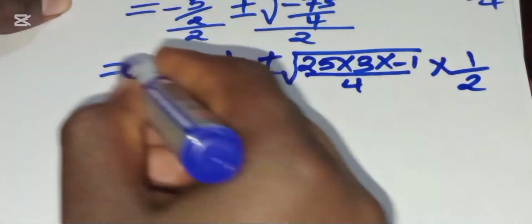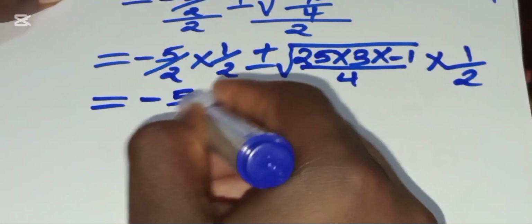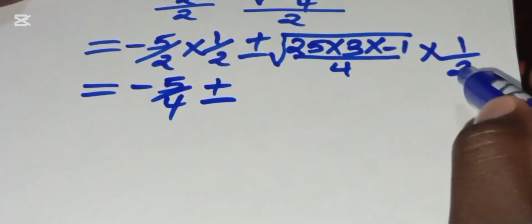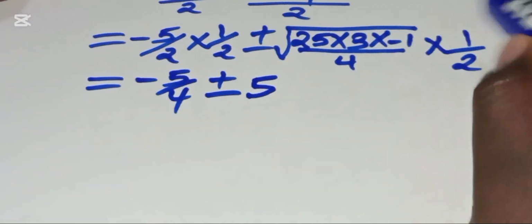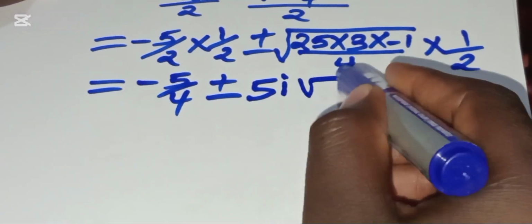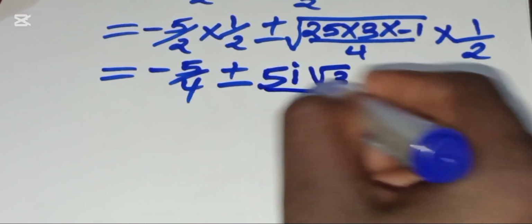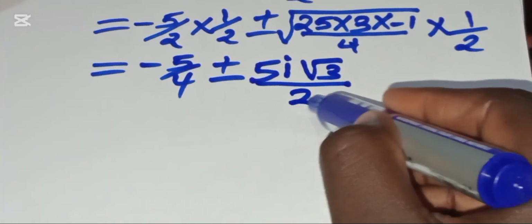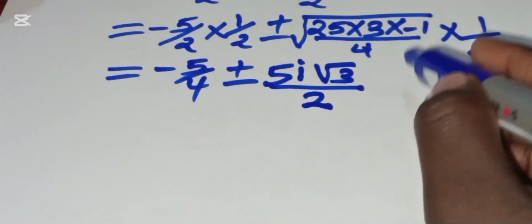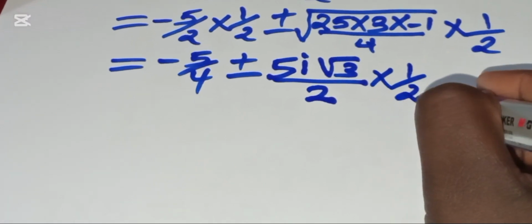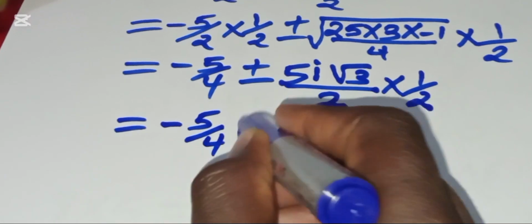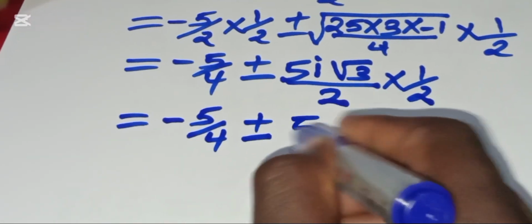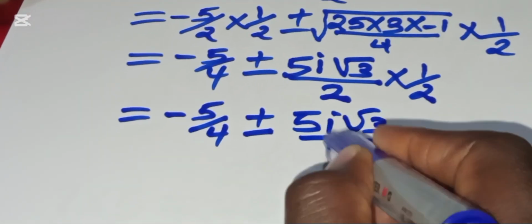Negative 5 over 2 times a half is negative 5 over 4, plus or minus the square root of 25, which is 5, the square root of negative 1, which is i, square root of 3, divided by the square root of 4, which is 2, times a half. So we're going to have negative 5 over 4 plus or minus 5i square root of 3 divided by 4.